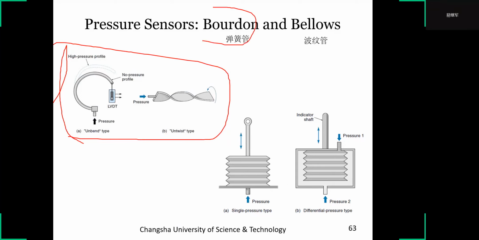The bellows tests the pressure with the balance between the pressure and the elastic force.